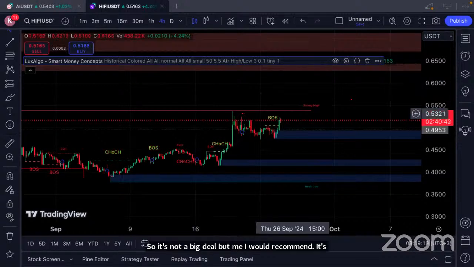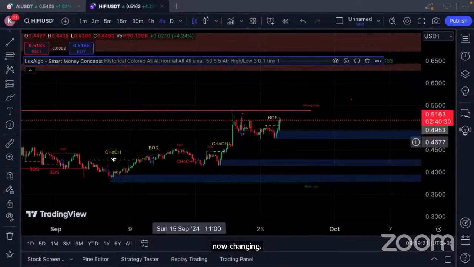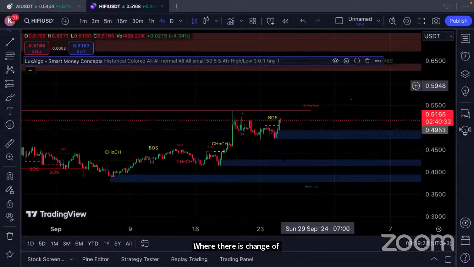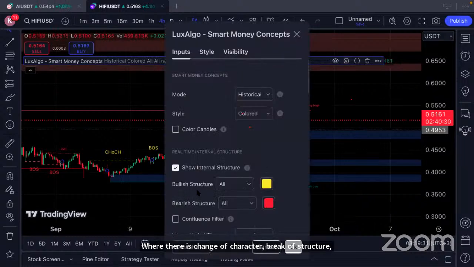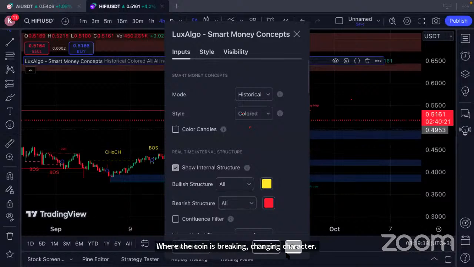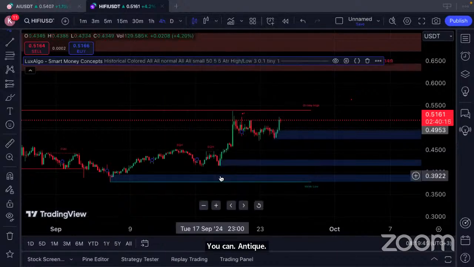Okay. So these are the internal structures where there is change of character, break of structure, change of character, break of structure. If you don't want your robot to show you these internal structures where the coin is breaking structure and changing character, you can untick. And when you untick and press OK, it will not show you break of structure or change of character.